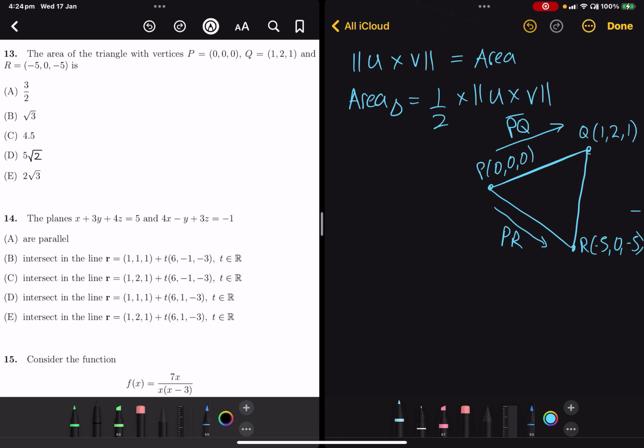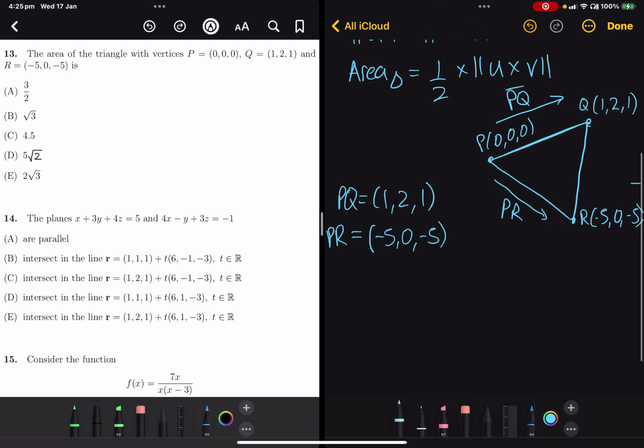If P was not at the origin, then you would have to do subtractions to find the vectors connecting the two, but here it's the origin. So we know PQ is the vector (1, 2, 1). We know PR is the vector (-5, 0, -5).